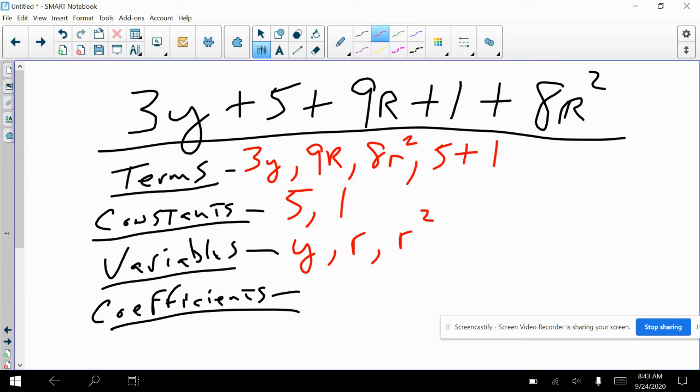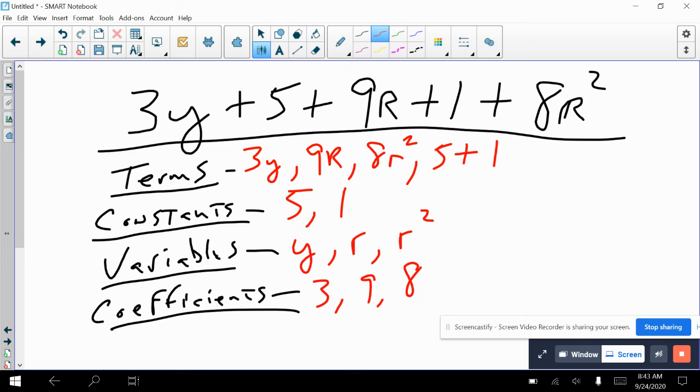You gotta pay attention. Cole. 3, 9, and 8. So numbers in front of the variables, Kellen. All right. Pretty good. You can identify the term. Of course you can. You're smart.